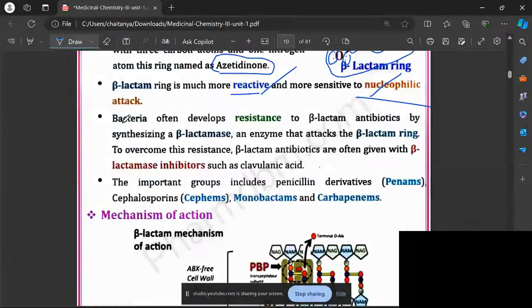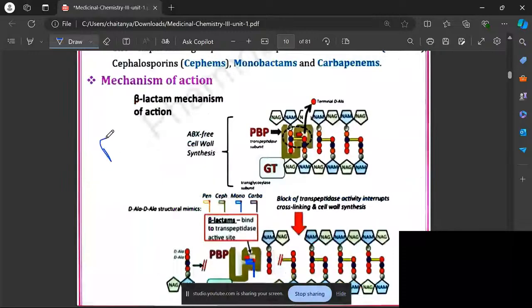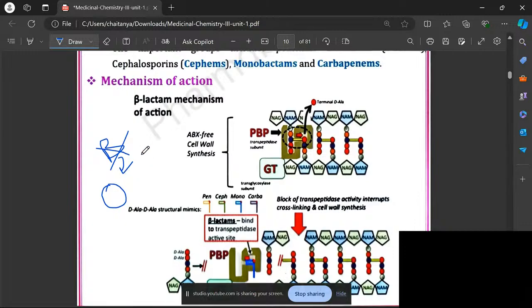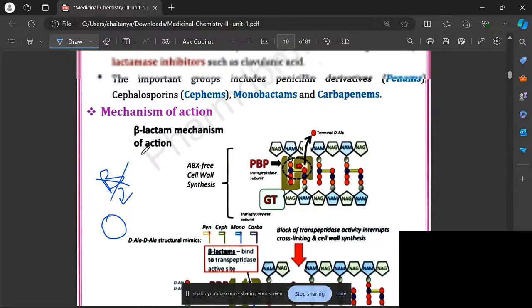This kills the bacteria, but bacteria are more intelligent. They have resistance towards beta lactam antibiotics, and that resistance is beta lactamase. So what exactly is that? If you introduce a beta lactam antibiotic to an infected body, and the bacteria has resistance, the activity of the antibiotic is destroyed by the beta lactamase enzyme.